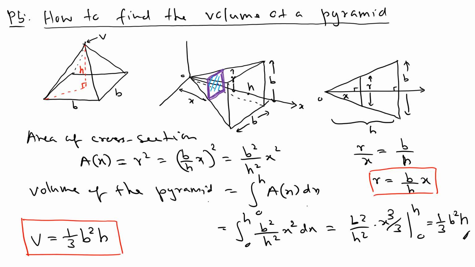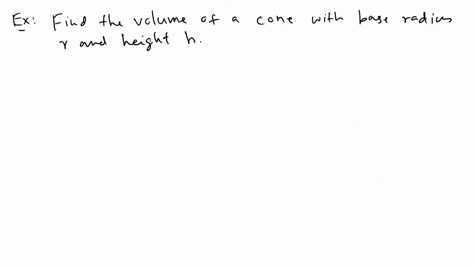Next, we're going to talk about what we call the disk method with circular disks. As an interesting problem, you can do this one: find the volume of a cone with base radius r and height h. So you have a cone which has base radius r and height h.